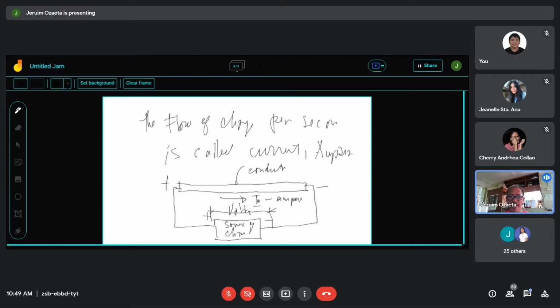Now, if this is the conductor, you can insert along the way a kind of resistance. This is your resistance, and often this resistance is the equivalent of your load. So think about now that the source supplies the charge, and the supply of charge is carried over through the conductor down to the load that is represented by the resistor R.